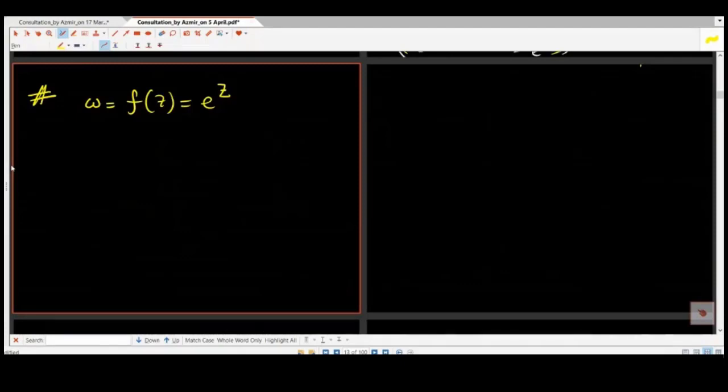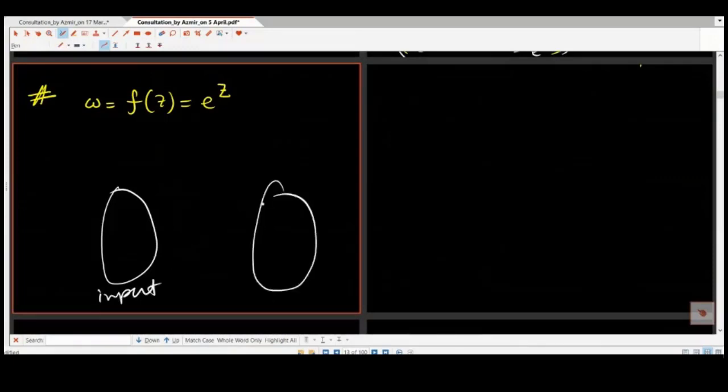So suppose we are going to input any complex number. Let's say this is our input and this is the output. Input is denoted as z, output is denoted as w. So suppose we are going to input the complex number 2 plus pi i over 4.